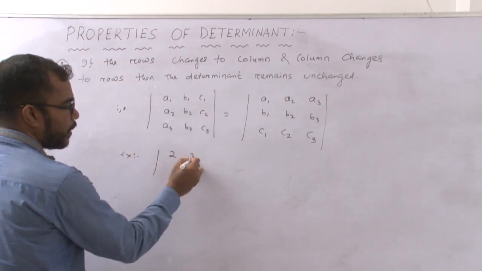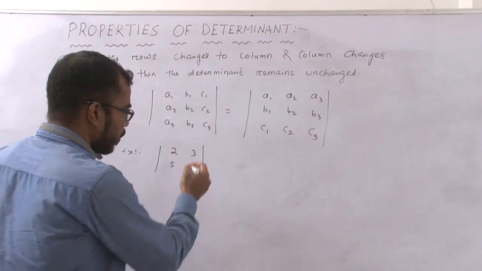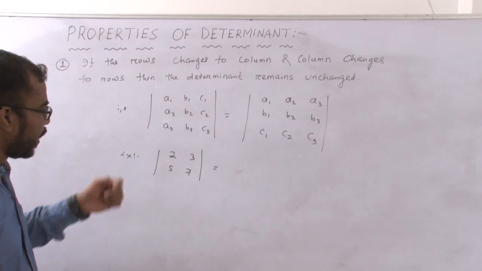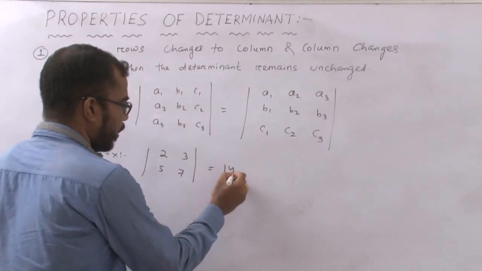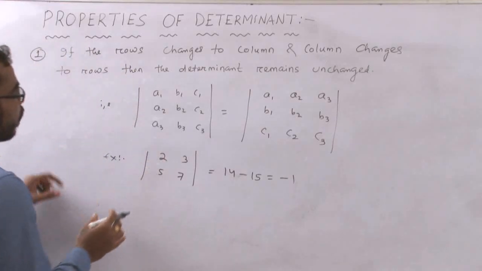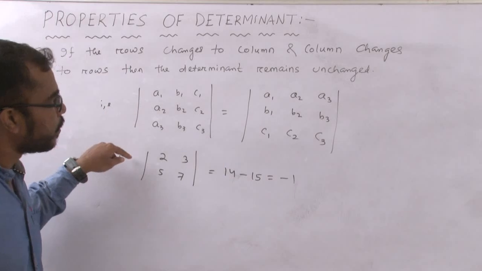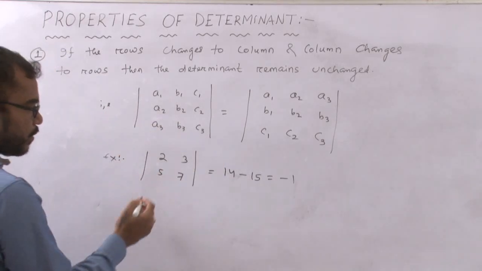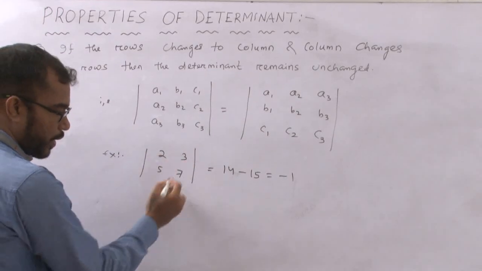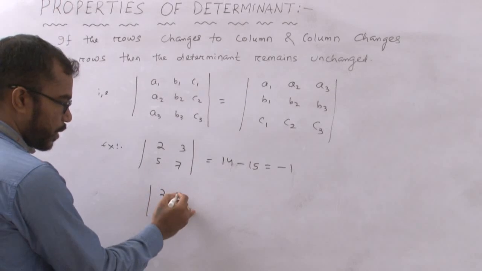So for property number 1, we take an example here. Suppose 2, 3, 5, 7. Because it is a second order determinant, if we calculate, we get 14 minus 15, that is equal to minus 1. According to property 1, if we change rows into columns, that means 2, 3 becomes the first column and the second row becomes the second column.